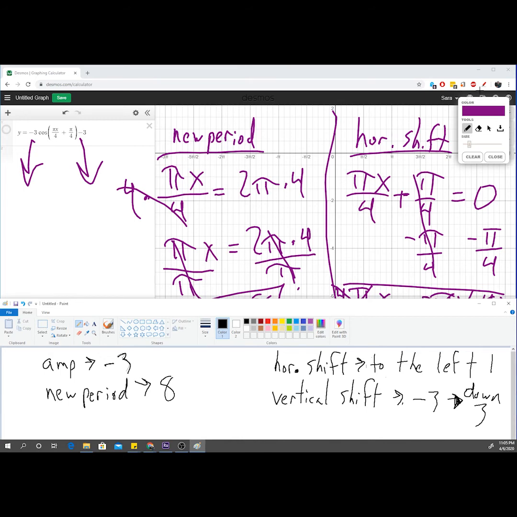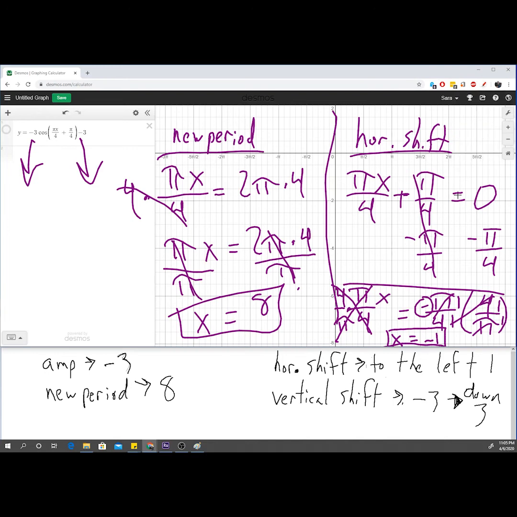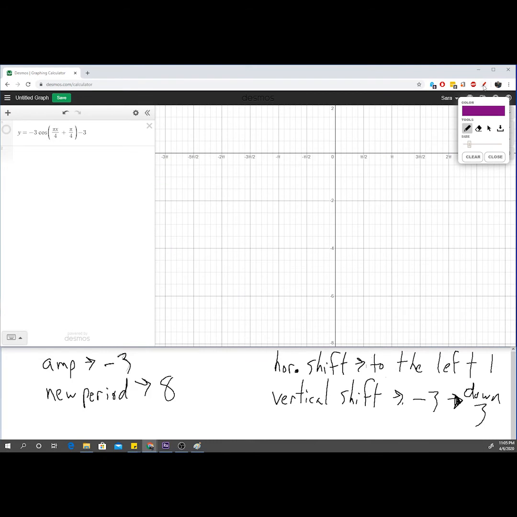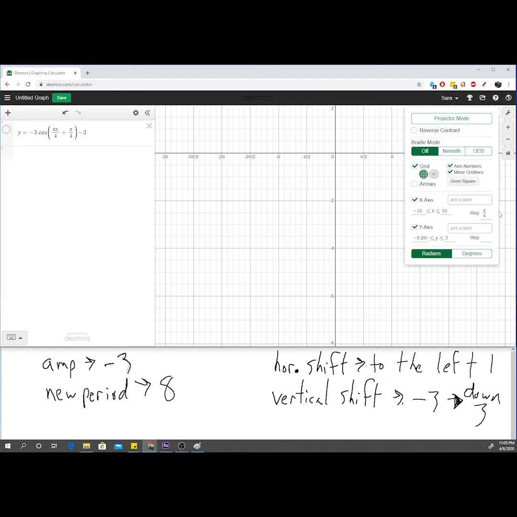Okay, so notice here, let me go ahead and clear all this. Notice that with this new period and horizontal shift, with what is happening on the x-axis, I'm going by ones, not some division of pi. So this actually means that it's going to be more helpful to change this so that I'm not stepping in something related to pi.